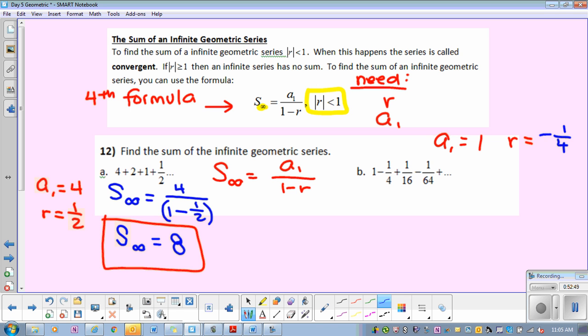So let's plug it in. S sub infinity equals 1 over 1 minus a negative 1/4. Wait, what's a minus minus? Positive. So put that in parentheses. Plug it in your calculator.